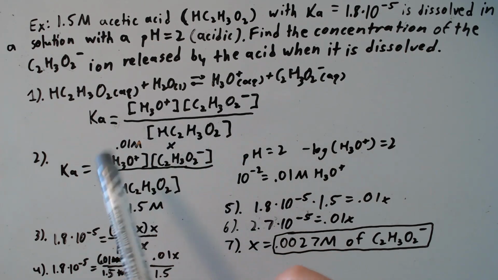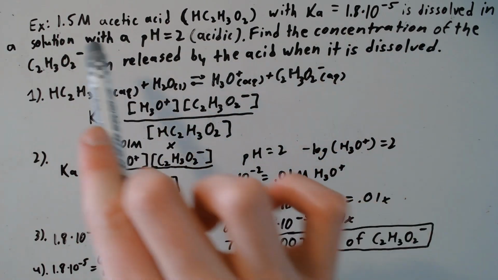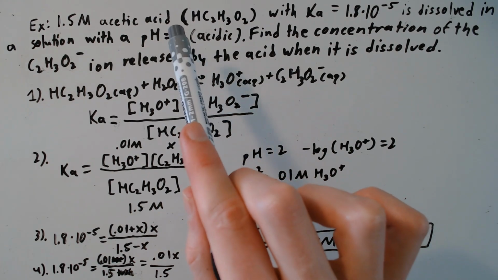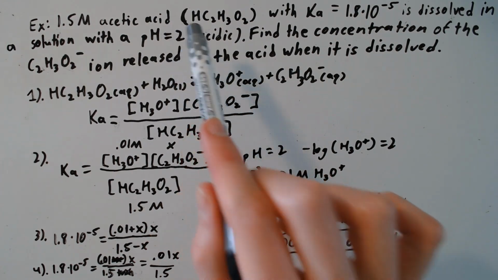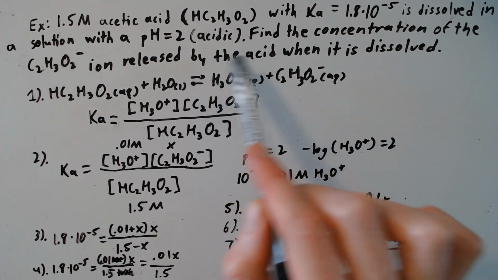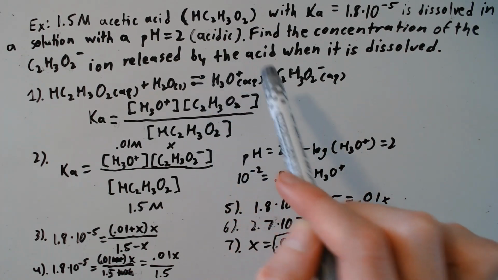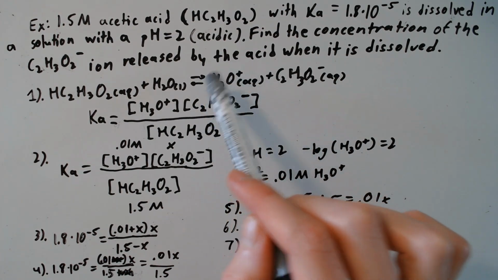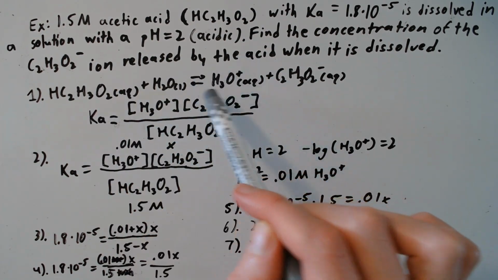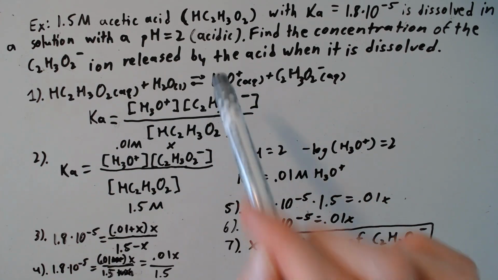This is at equilibrium. But in this case, since we're dissolving this acid in a solution with a pH of 2, that means it already has a lot of H+ ions in it, and therefore a lot of H3O+. That means this reaction shifts to the left because there is already a crowd of these H3O+ present, and it's difficult for this acid to dissociate more.